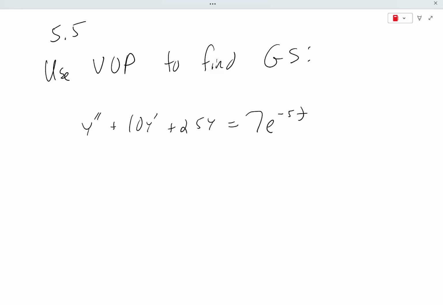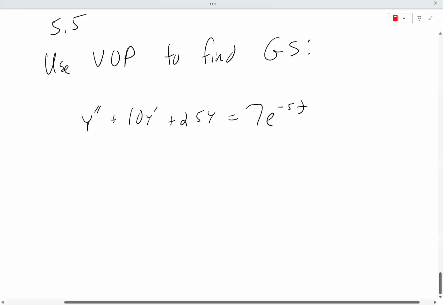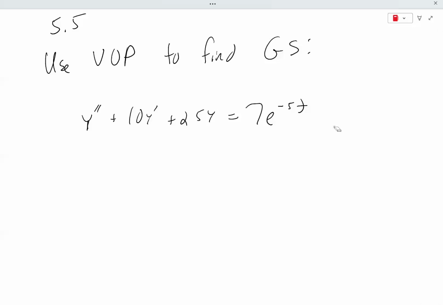This is an example here. Okay, so we've got this. Do we use x's here instead of t? We'll do x. It doesn't really matter, but I think x is a little easier. More used to x's.